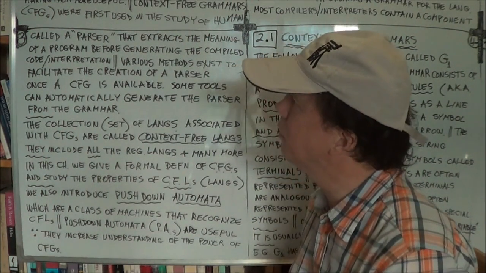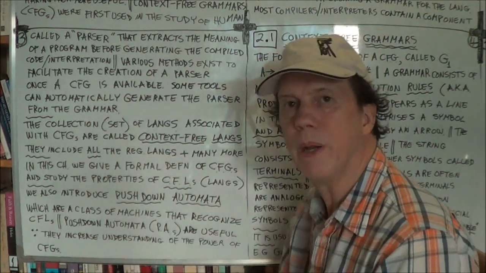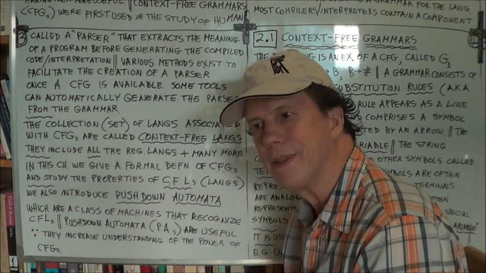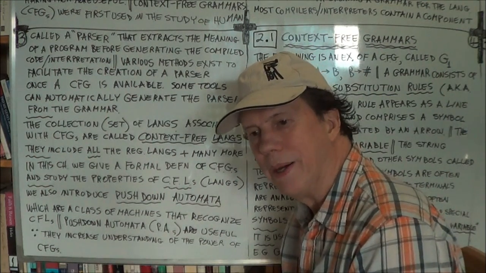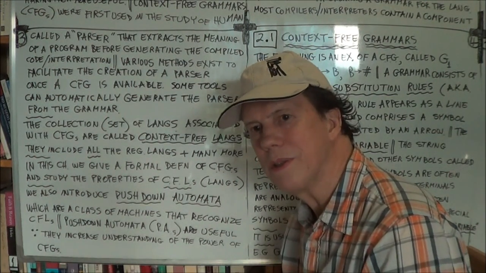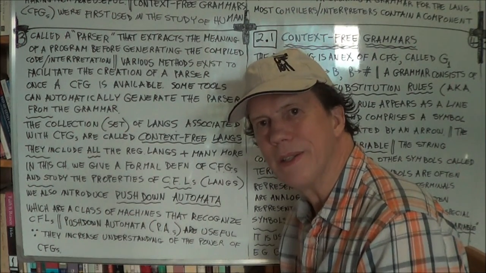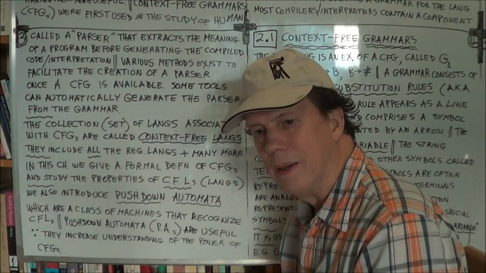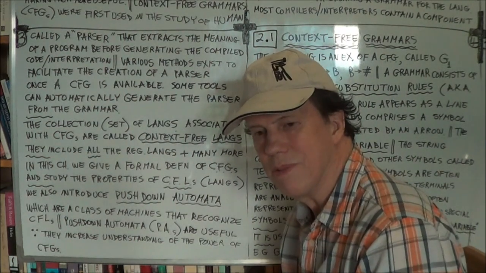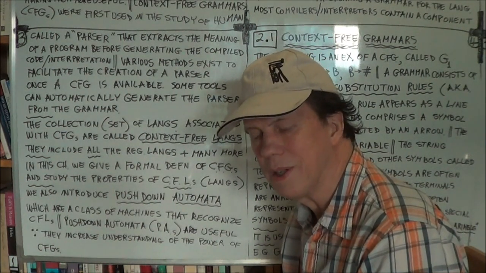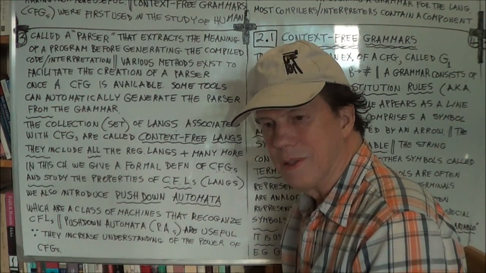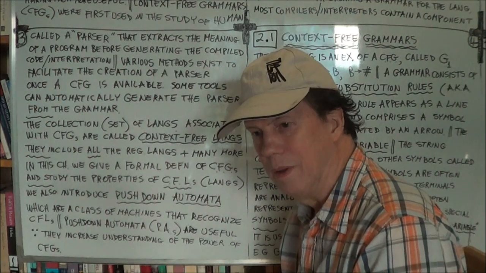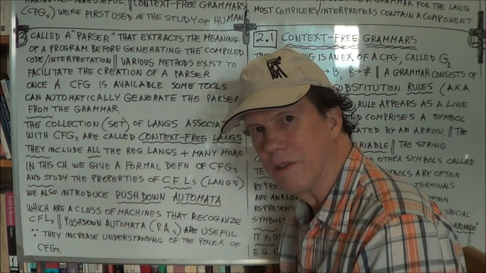For example, an important component of the compiler is called a parser. To parse in ordinary English usually means to break down a sentence into its parts. Keep it simple, like you take a sentence like "Tom kicked the dog."